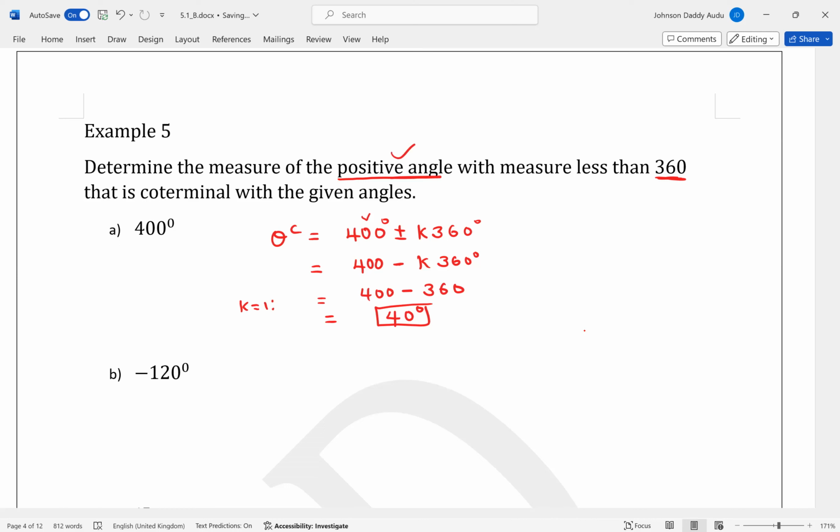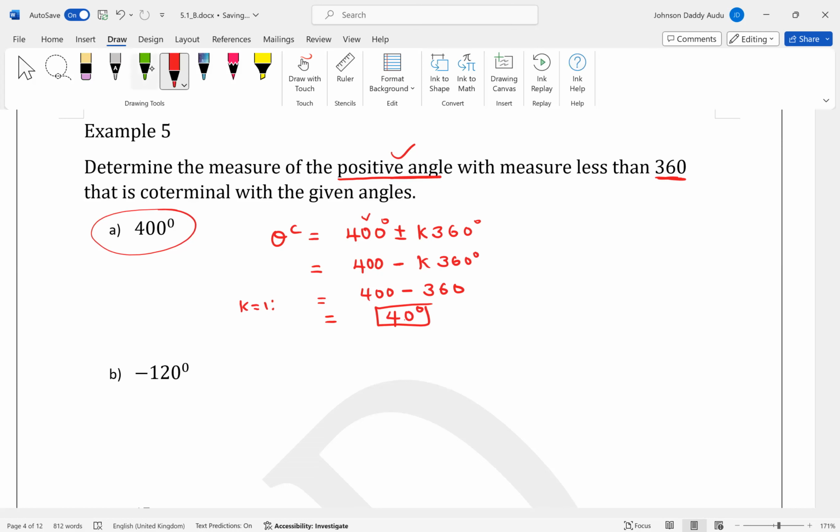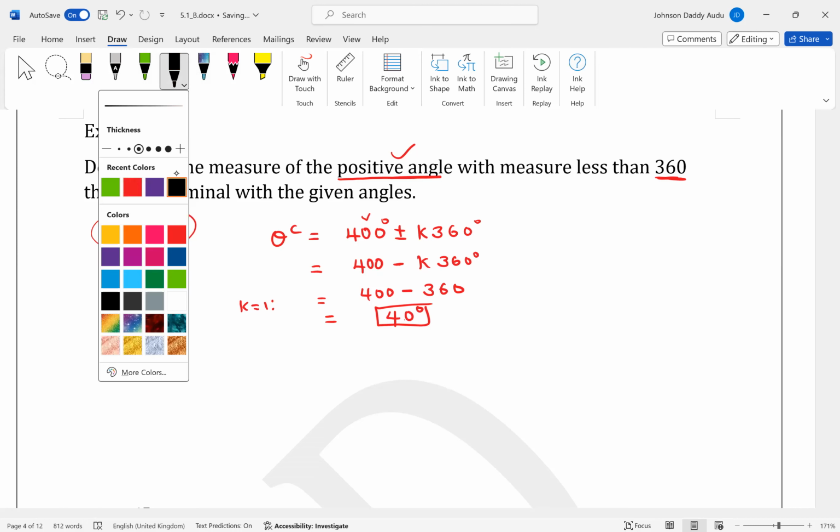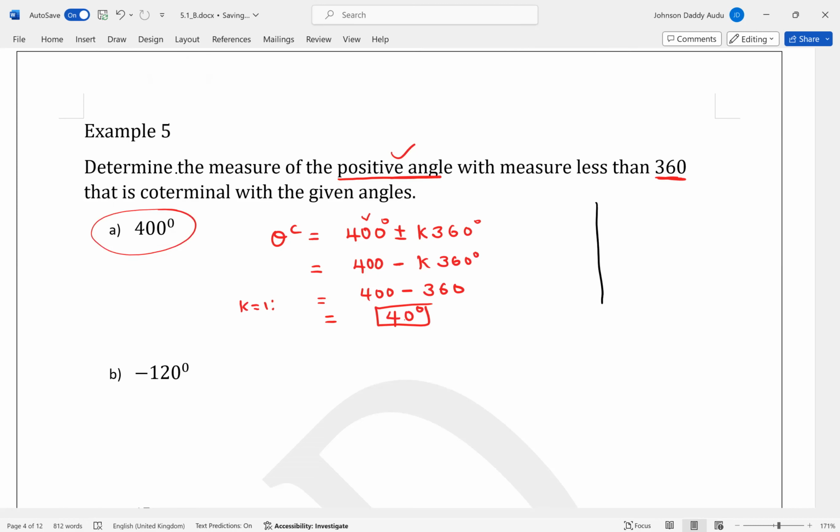So it means that 40 degrees is a positive angle which is less than 360 and also coterminal to 400. So let's try to illustrate what this means. As you can see, this is 40 degrees, somewhere here, right?